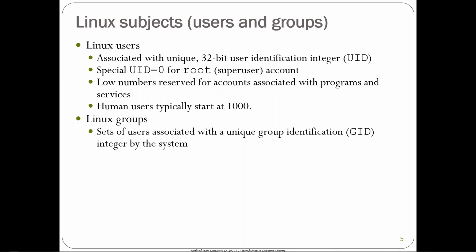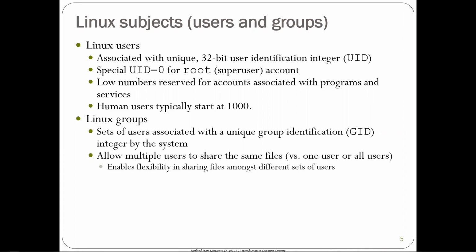These are sets of users associated with a group identification integer, a GID, and you can add and remove people from that GID to do the sharing. This allows multiple users to share the same files, which is different from a file only one person can see or a file everyone can see. This gives you somewhere in between.